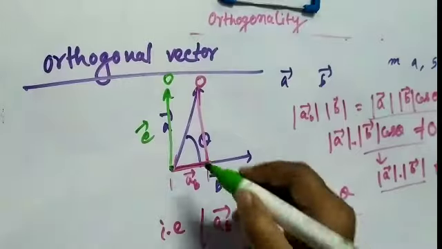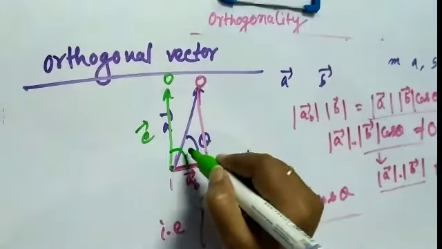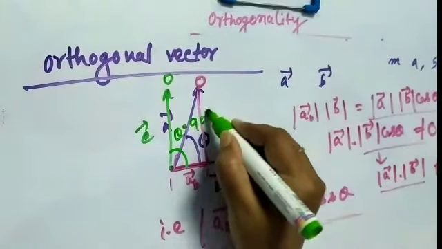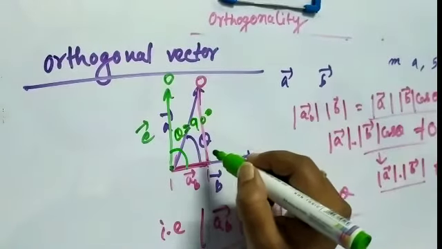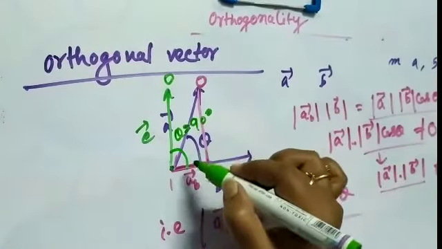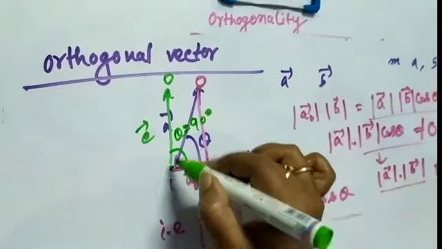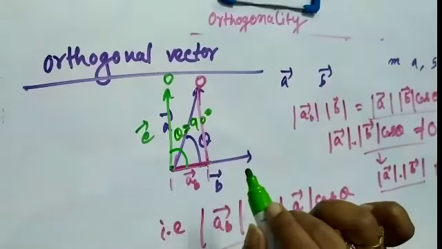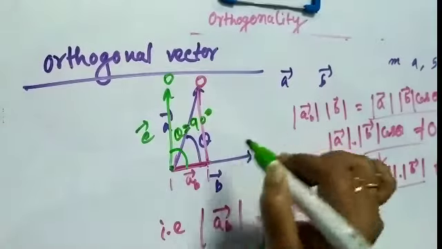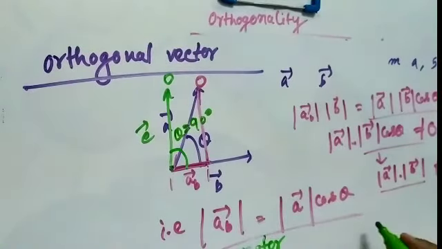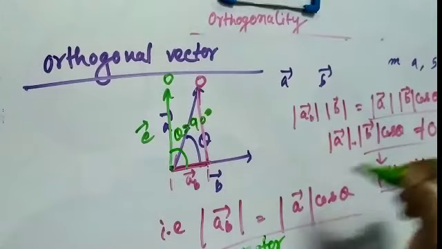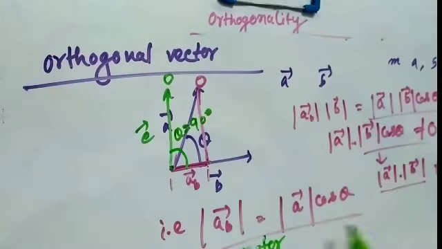Also here the theta value is 90 degrees, as you can see. Here theta value is not equal to 90 degrees, but here the theta value is 90 degrees as it is perpendicular with the plane or with the vector B. So again we come to the same equation and represent this vector in terms of this equation.